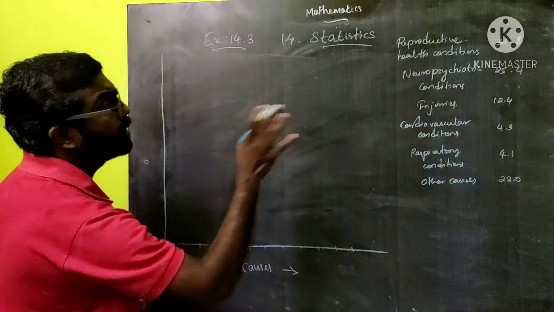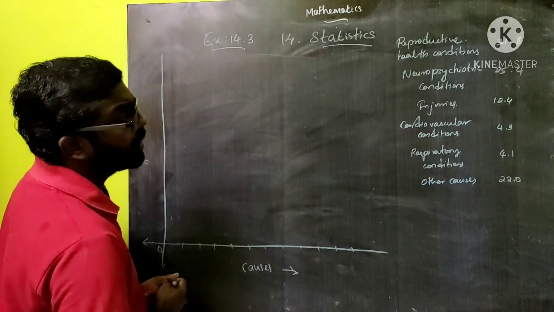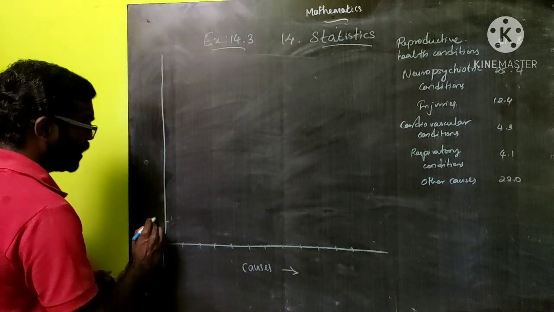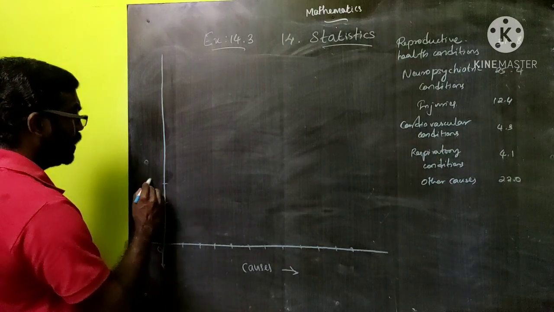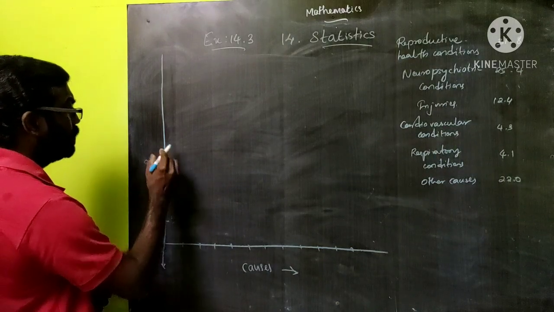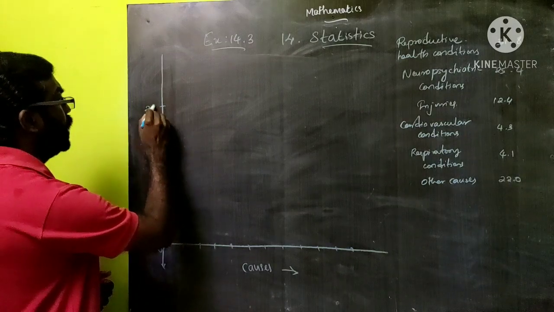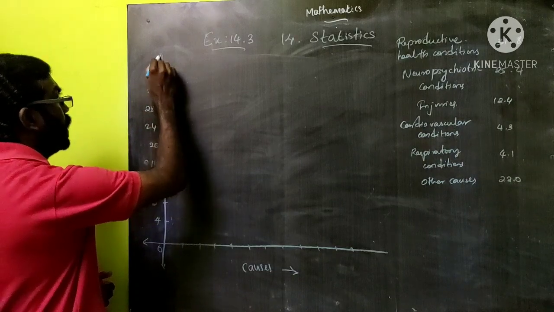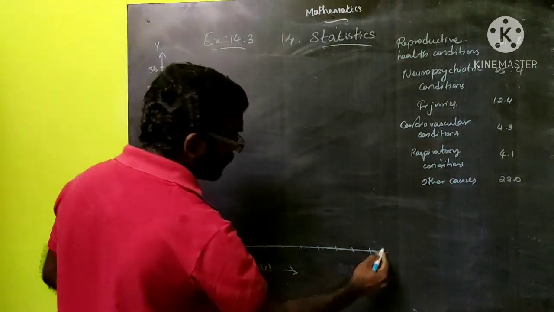The highest value is 31.8 and the least value is 4.1. So here I am going to mark as multiples of 4: 4, 8, 12, 16, 20, 24, 28, 32, 36 and so on.